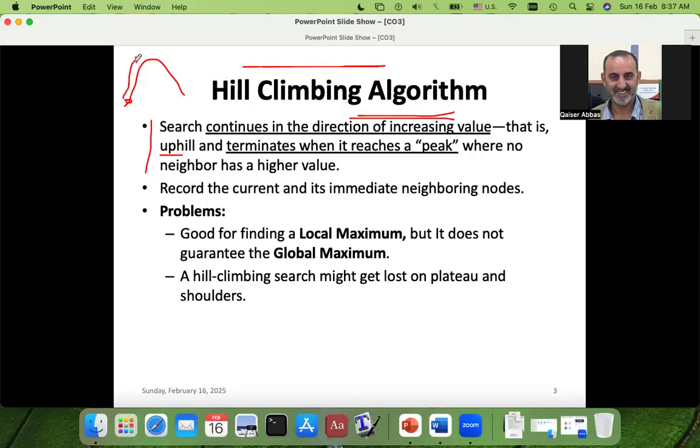And then you will terminate the algorithm when you reach the peak of this hill, which means when you have the maximum improvement, and that maximum improvement is possible according to this diagram only at the peak. After that, you will have lesser values.